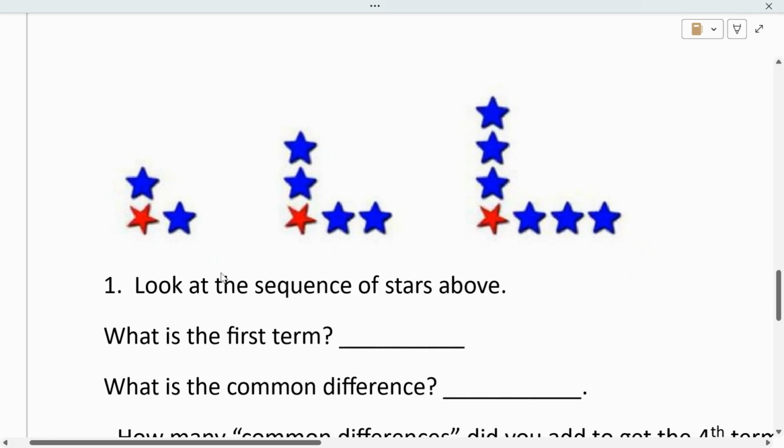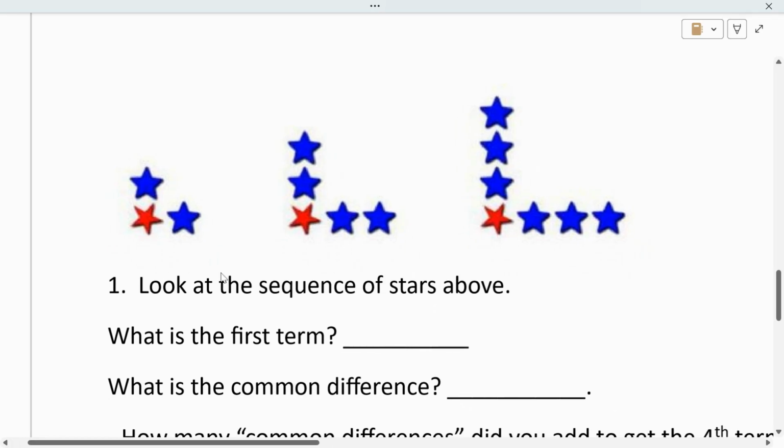All right. So you have a sequence of stars above. So when I think about my terms, this is the first term, A sub 1. This is the second term, A sub 2. This is the third term, A sub 3.